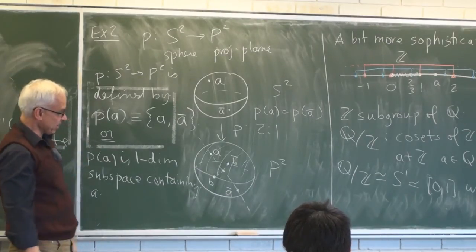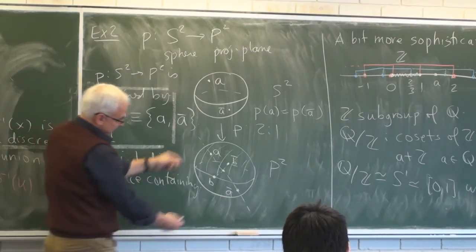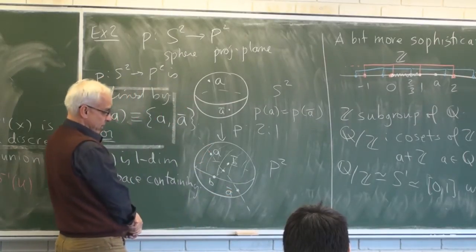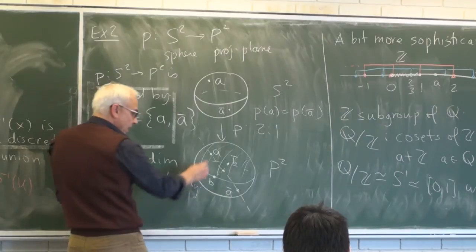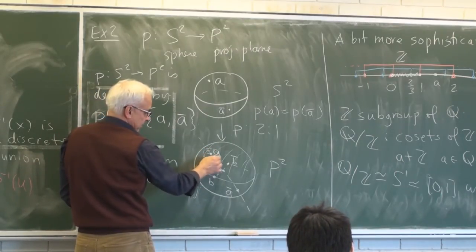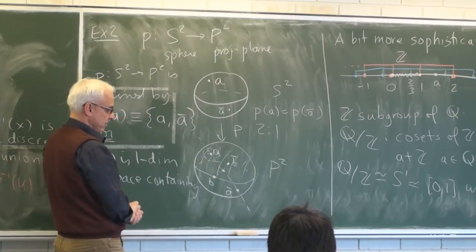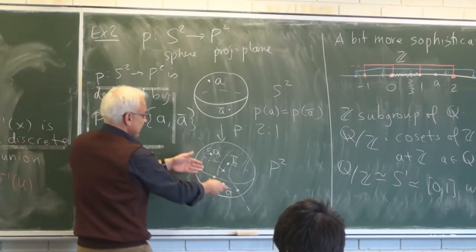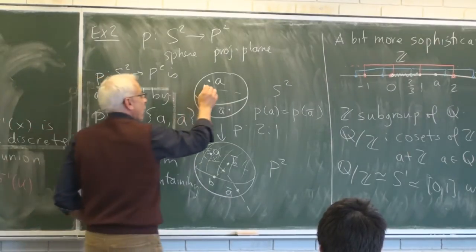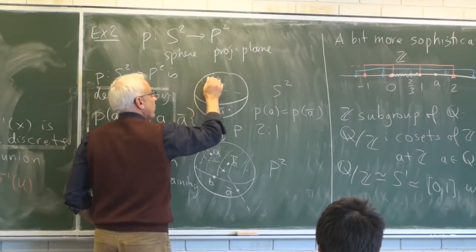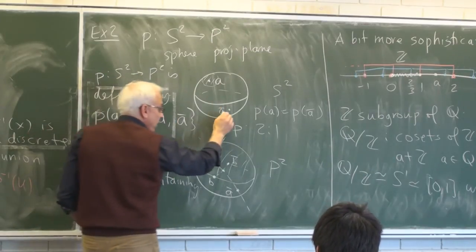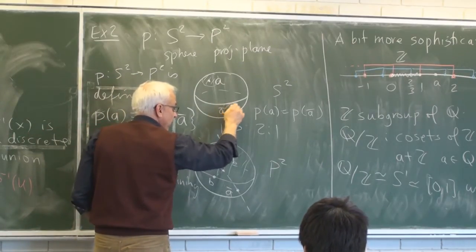And what about the covering condition? Well, if we have any element in the projective plane, say this pair of antipodal points, and then a little neighborhood of it, we can think of it as just being a little neighborhood of that representative there, then its inverse image under the projection will consist of two little neighborhoods, one essentially the same one around A, and the other one essentially the same one around A bar.